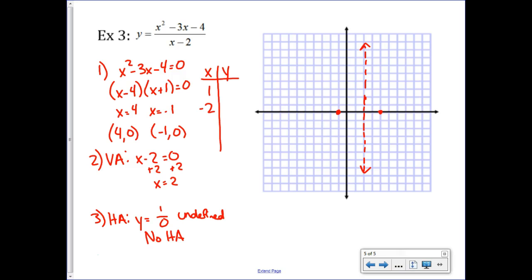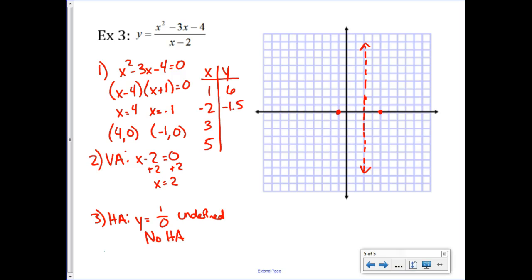And then 3 and 5. We'll try those to see if those come out okay. So if I plug in 1 squared minus 3 times 1 minus 4, and 1 minus 2 will give me a -1. I get 6 out.